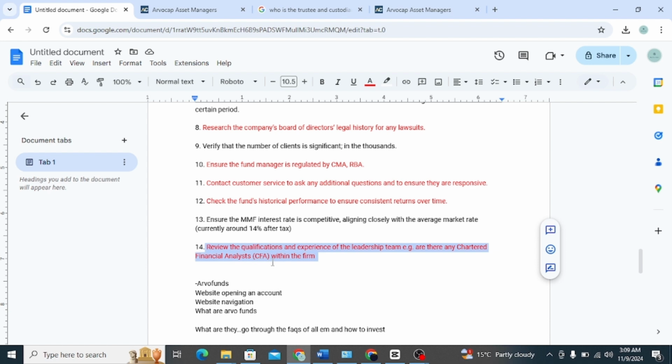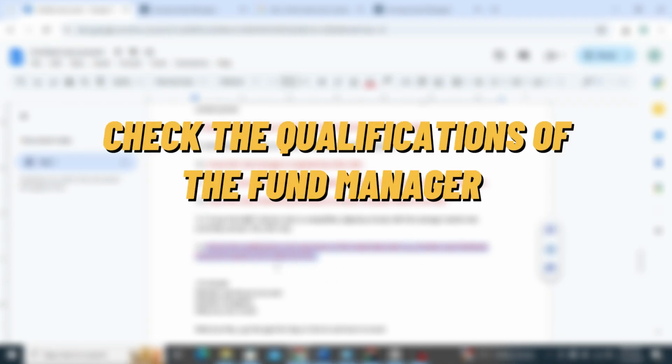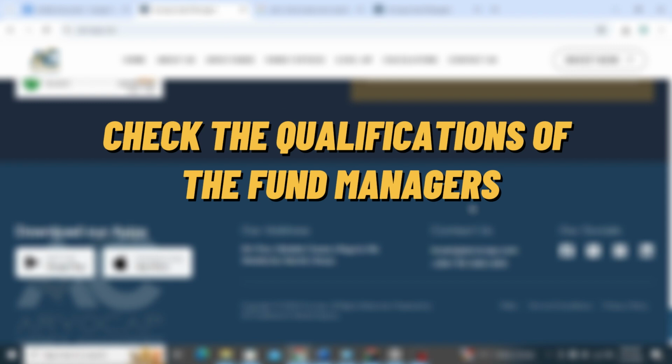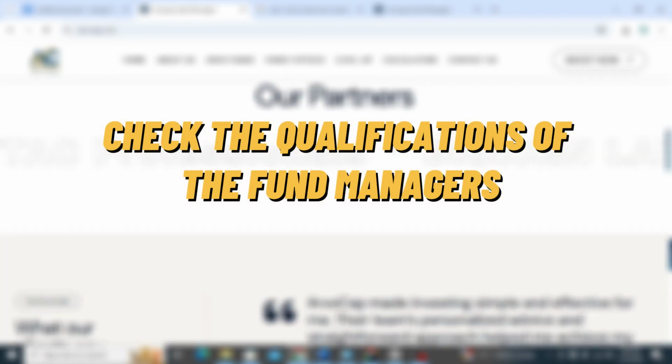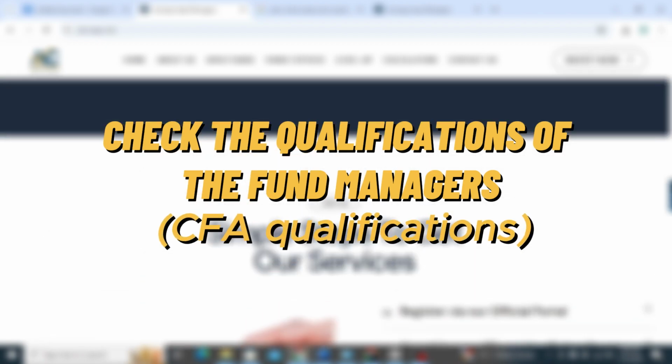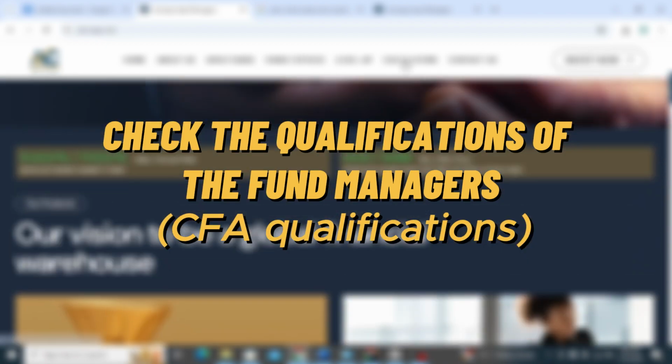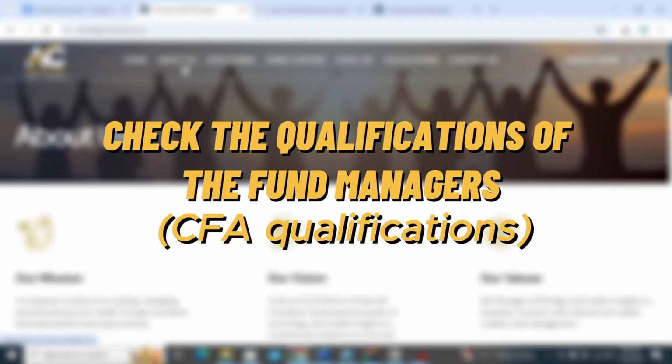Another thing, you need to review the qualifications and experience of the leadership team. For example, are there any chartered financial analysts within the team? The Chartered Financial Analyst certificate is one of the required certificates for analysts and fund managers, so you might as well check if the team of the company you're investing in is certified.